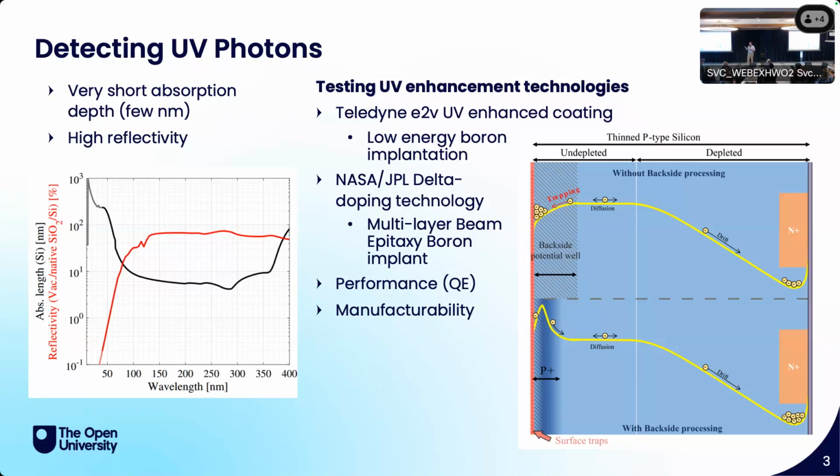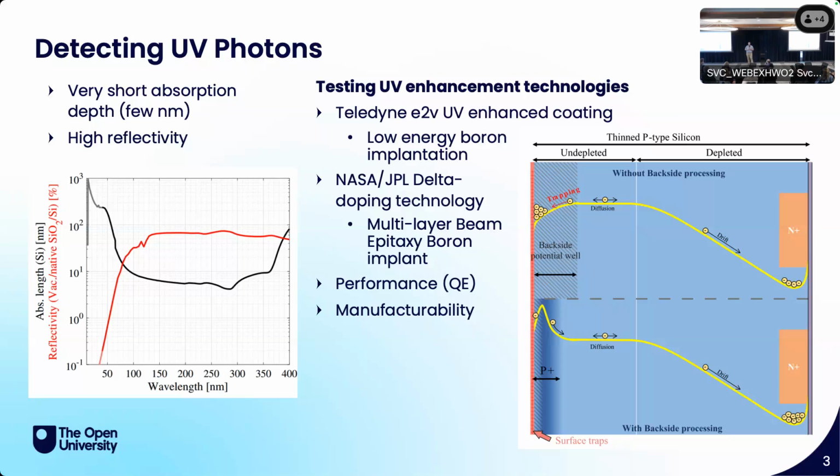This figure on the right shows you that if you don't have any surface technology, the photons will get stuck in the upper layers of the device and will recombine with the surface and therefore not be detected. So what you can do is put a boron implantation very close to the surface, thereby creating a potential well that pushes the photoelectrons into the buried channel.